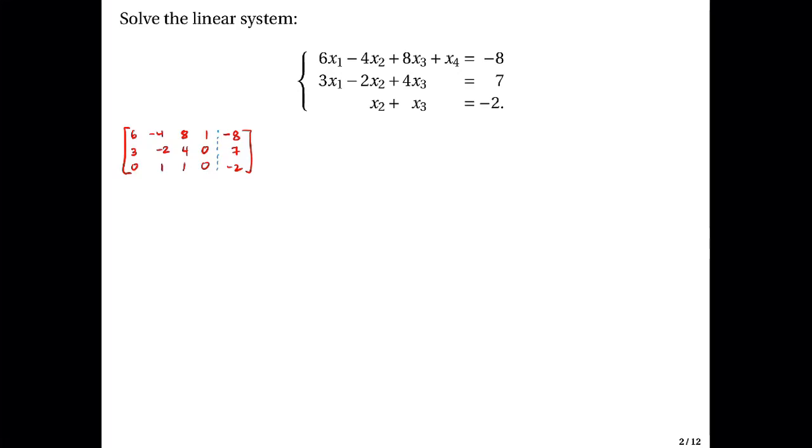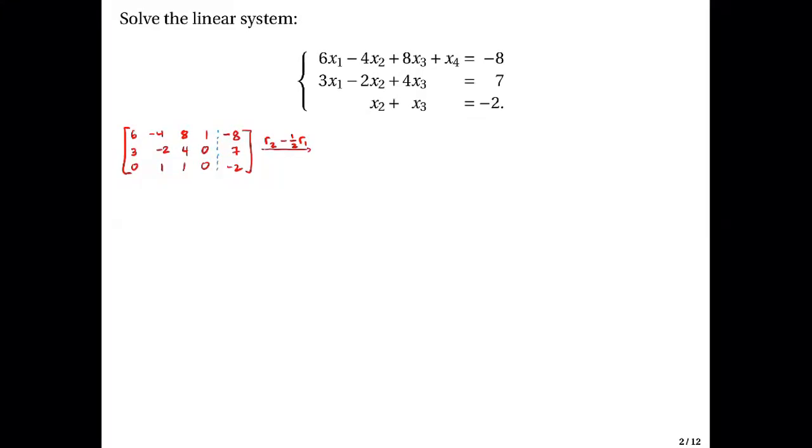For that, we can replace the second row by the second row minus 1/2 first row.